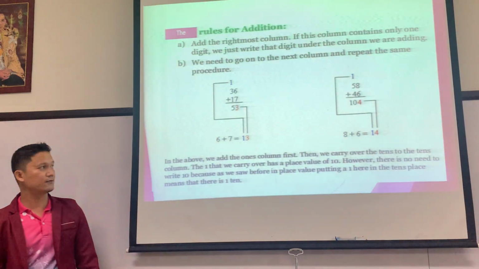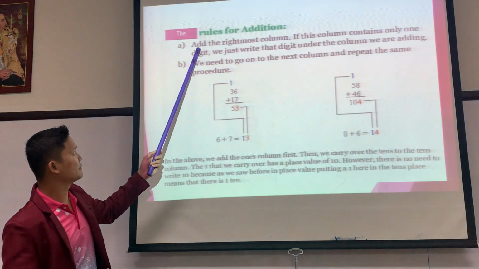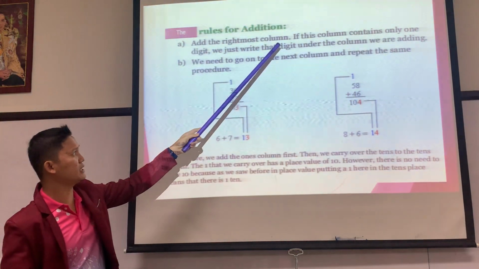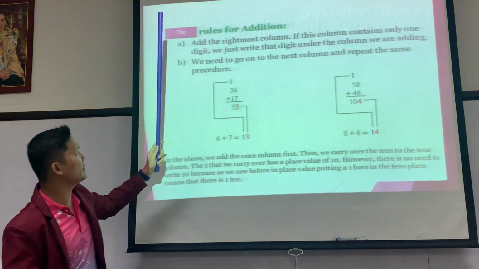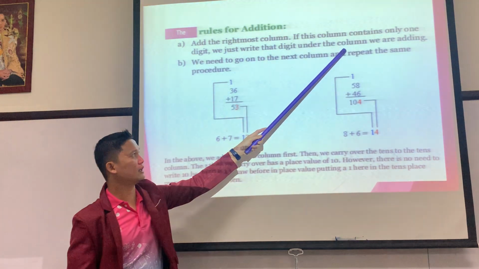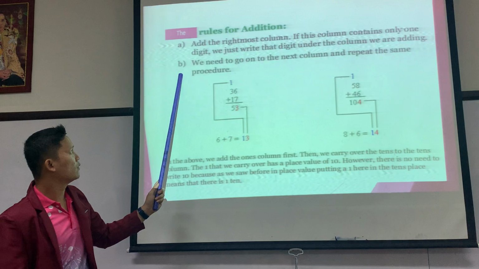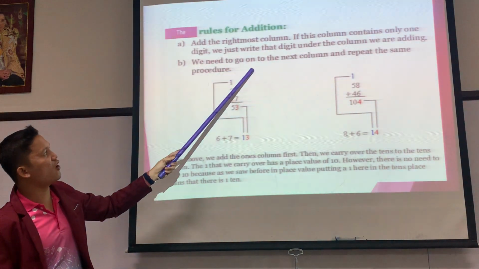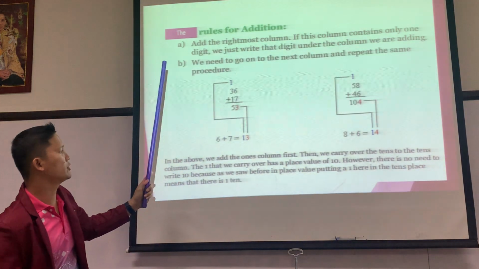The rules for addition: the rightmost column, if it contains only 1 digit, we just write the digit under the column we are adding. Then we go on to the next column and repeat the same procedure.